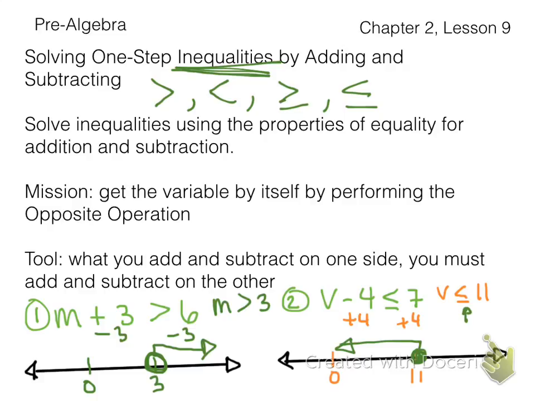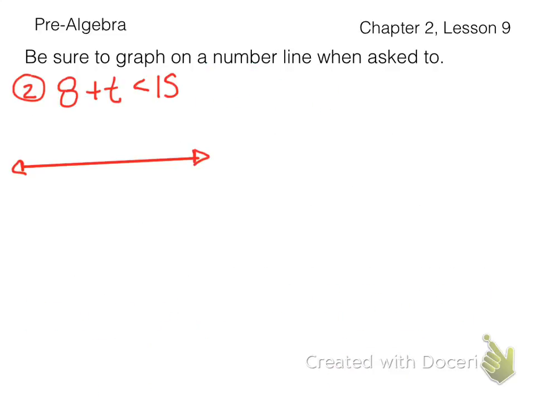Okay, so next we have 8 plus T is less than 15, so I'm going to, not minus t, t can stay put, I'm going to minus 8 because the opposite of positive 8 is negative 8, minus 8. T is less than 15 minus 8 is 7.